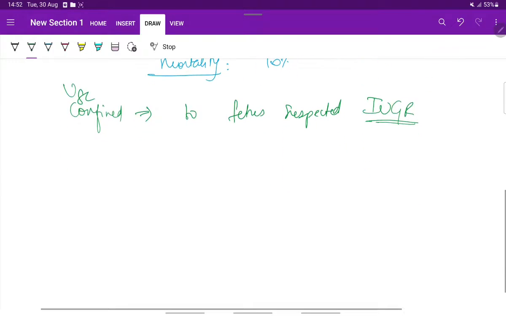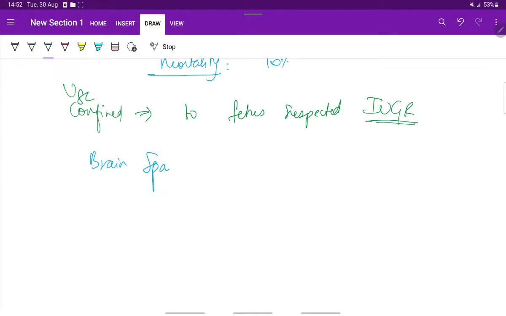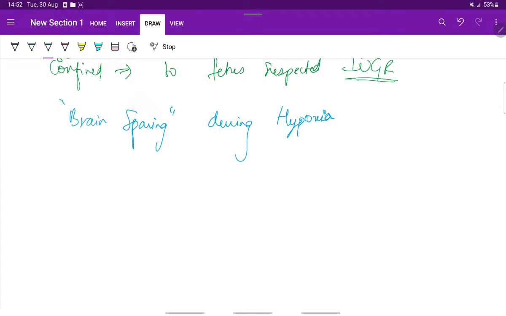And it has been seen that if the fetus is in hypoxia, then there will be increased blood flow to the cerebral vessels, and this is known as brain sparing, which is seen during hypoxia, because the brain is a vital organ which needs more oxygen. So, there is increased blood flow to the cerebral vessels if the fetus is in hypoxia.